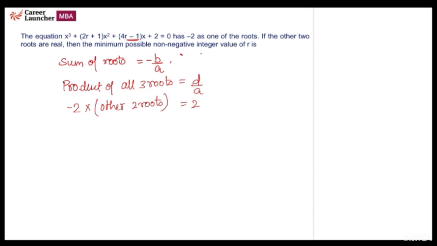So the product of the other two roots must be equal to 1. If the other two roots are alpha and beta, then their product must be 1, so we can take the two roots as alpha and 1 by alpha. Let's move further.